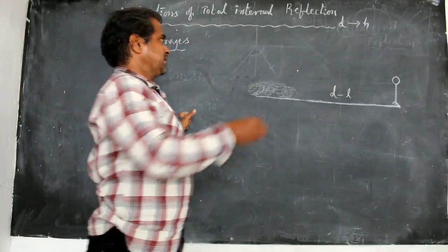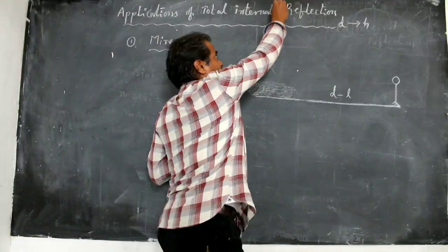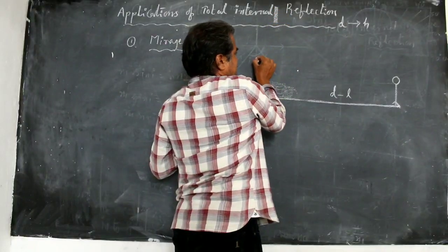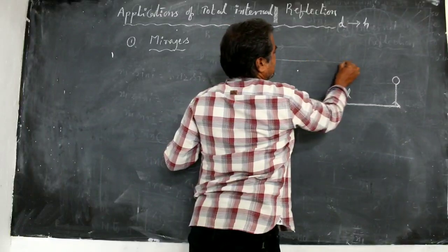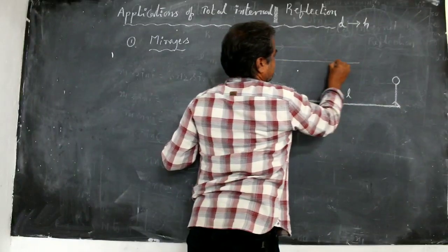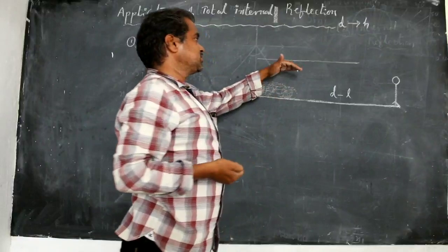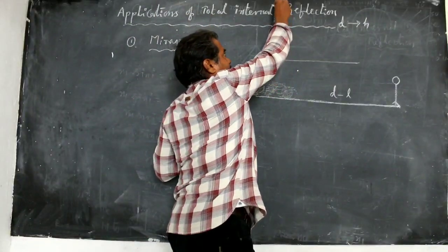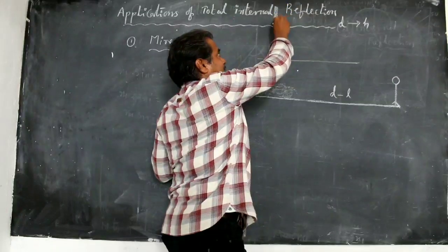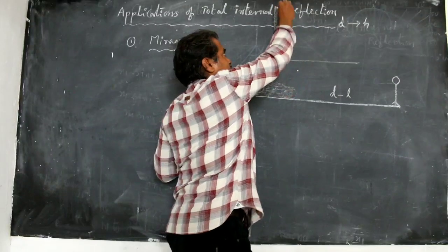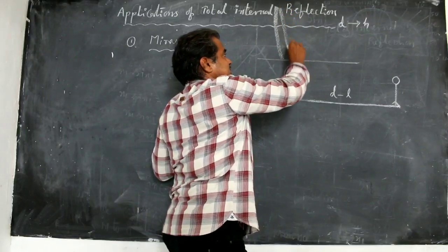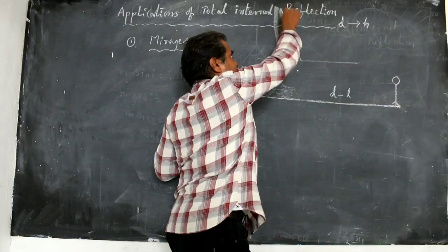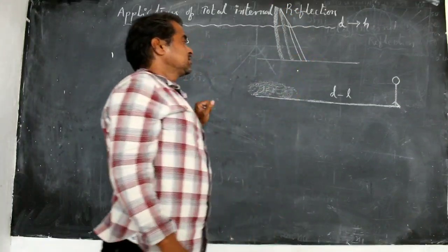Some light rays come from higher altitudes. At any place we assume an interface. Interface means the surface which divides rarer and denser. The light rays which come from higher altitudes are incident at different points of the interface.